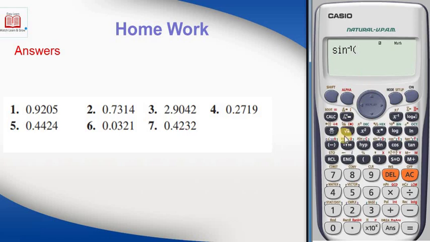We already discussed the inverse functions in detail in the previous episodes, and in this episode we discussed the inverse function of sine, the inverse function of cos, and the inverse function of tan.